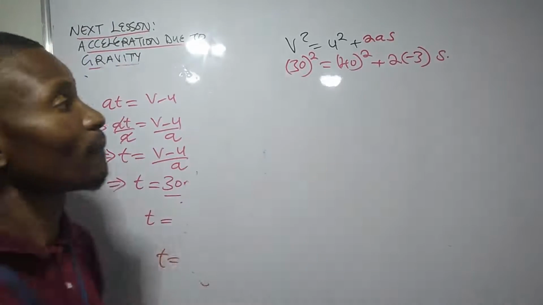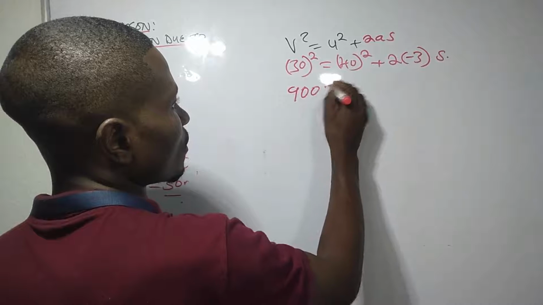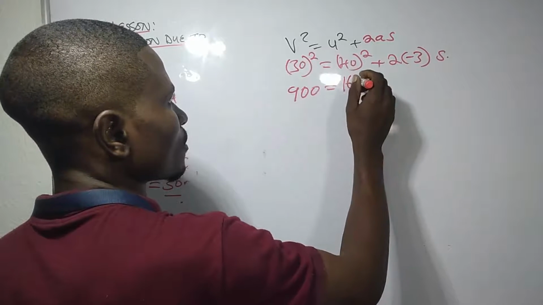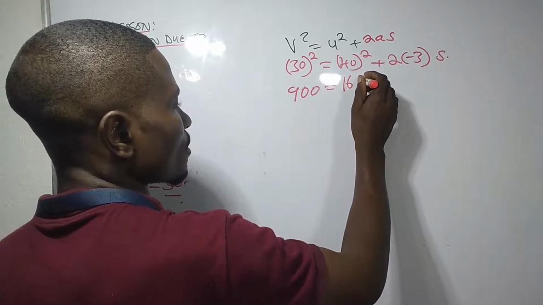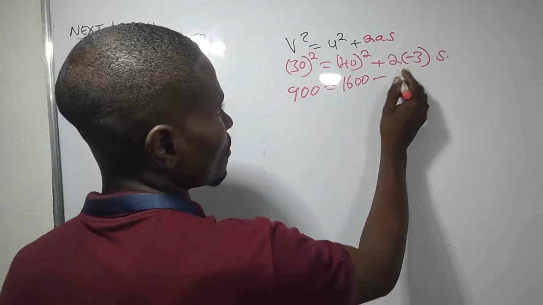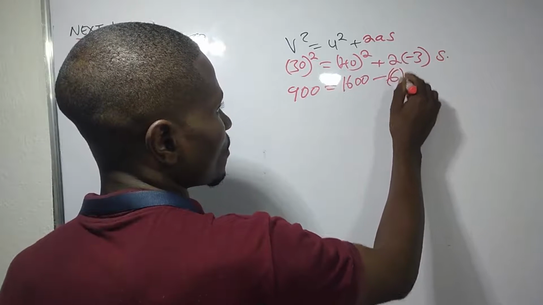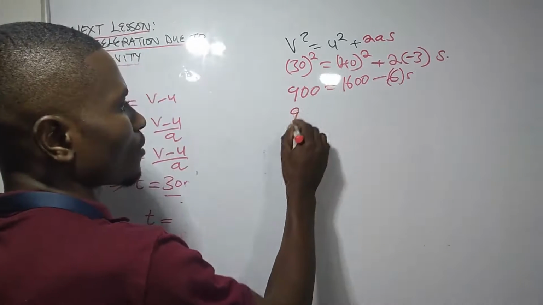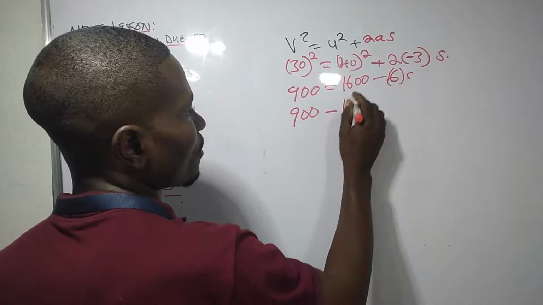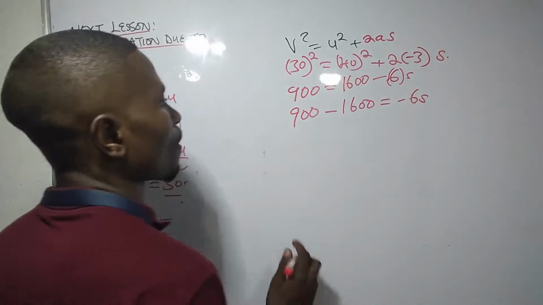I don't know s, so this should be 900 equals 1600 minus 6s. So 900 minus 1600 equals -6s.